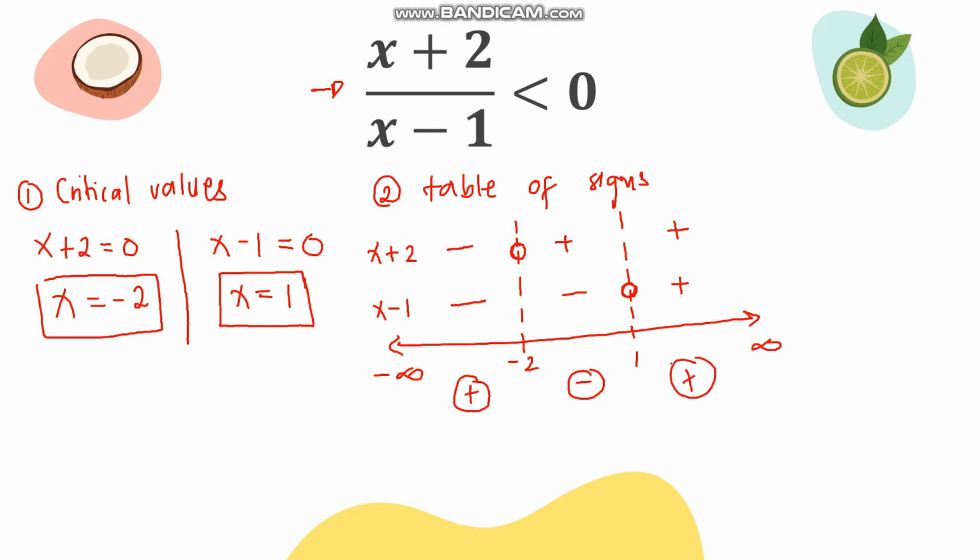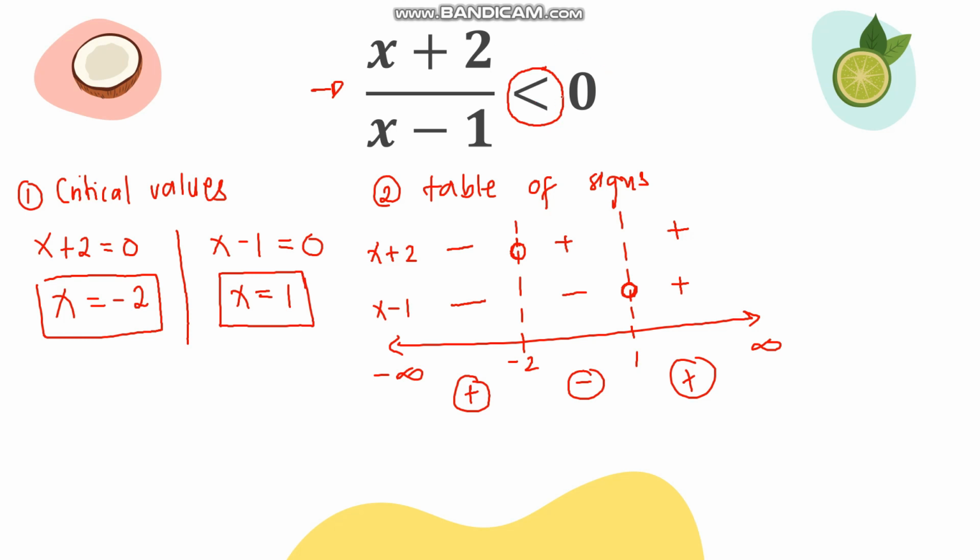Now from here, we can identify the interval that represents the solution for our rational inequality. So you just have to go back to the given and look at the inequality symbol. Here the symbol is less than. That means we have to consider the values that are less than 0 so that this will be true.